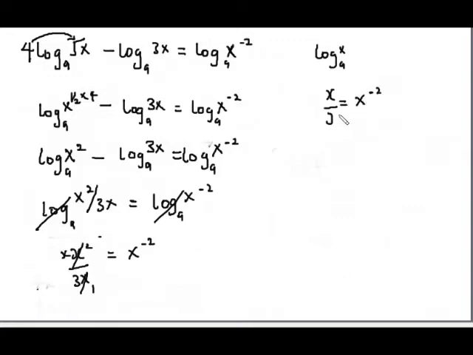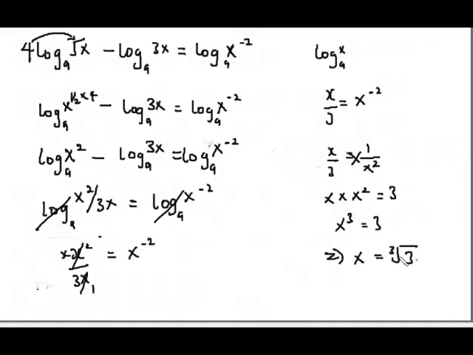So this is a reciprocation here, so this is also equal to x over 3 equals 1 over x squared. Now if we cross multiply both sides, we would have x times x squared equals 3, so that x cubed equals 3. This implies that x equals the cube root of 3, third root of 3.